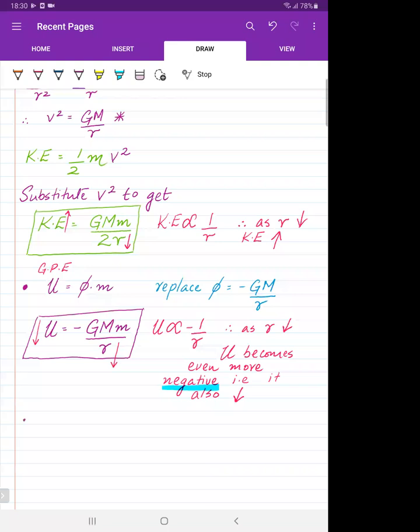So the third and the final result was for total energy. So total energy should be kinetic plus potential.